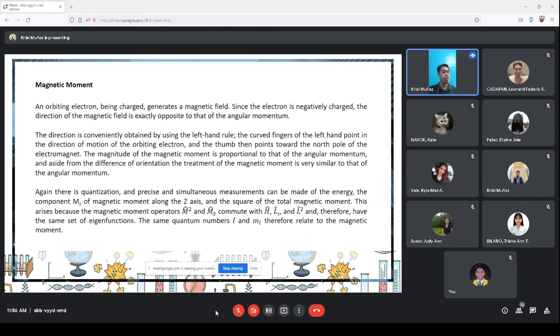This arises because the magnetic moment operators m hat square, m sub z hat, commute with the Hamiltonian operator, the L sub z hat, and the L squared hat, or the angular momentum operator, and therefore have the same set of eigenfunctions. So the same quantum numbers L and M sub L therefore relate to the magnetic moment.